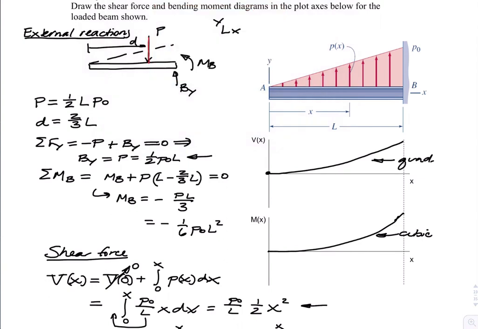This P should have been up. Why? Because all the arrows here for P of x are up. So what that means for the force here is that P plus By, so By is a minus that. The bending moment, that is going to be a negative sign here. And so the bending moment here then will be a plus sign.